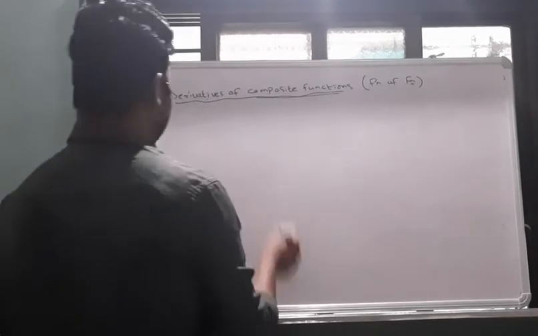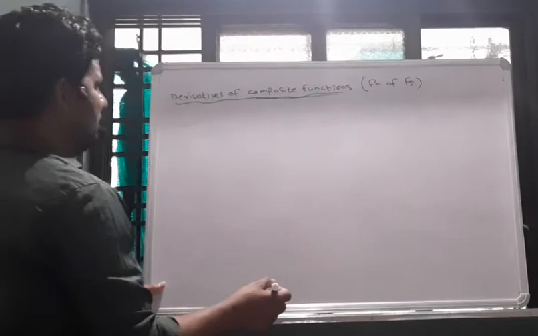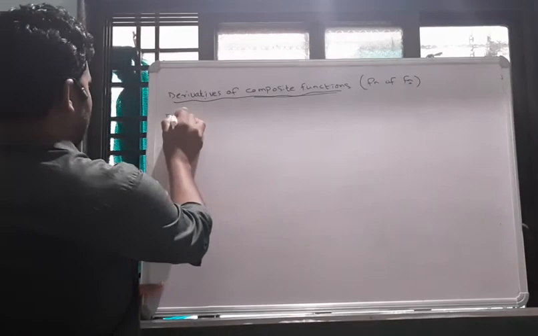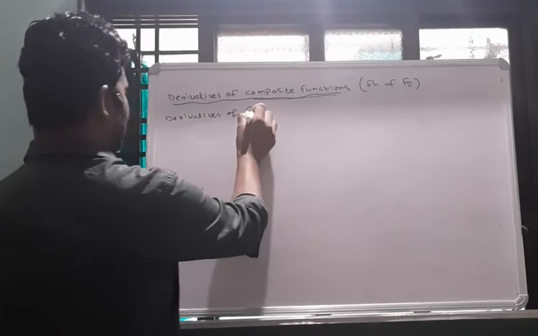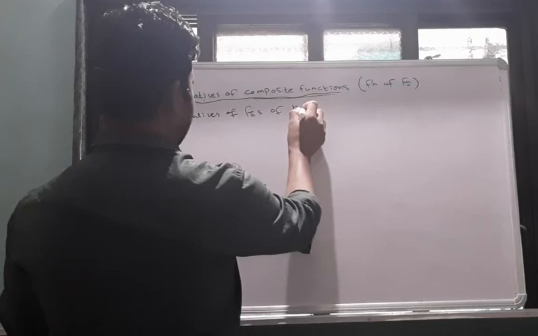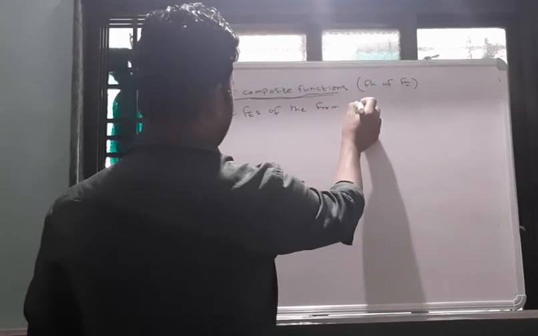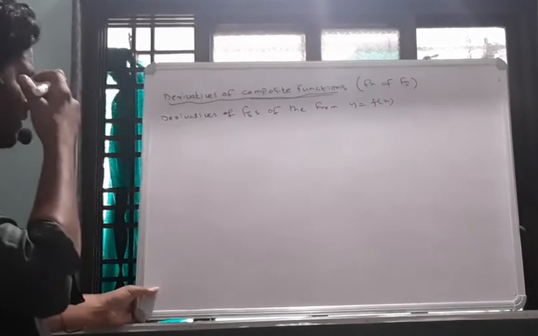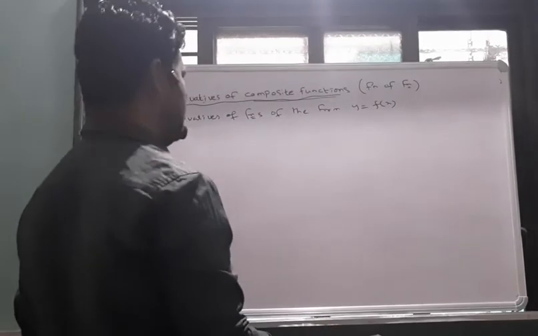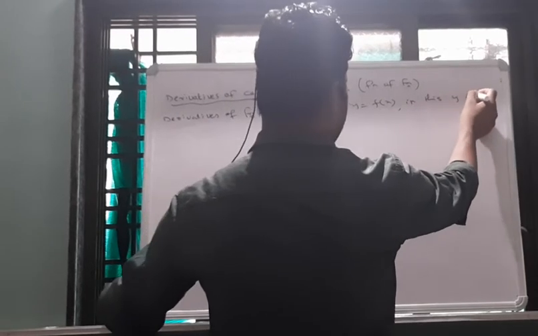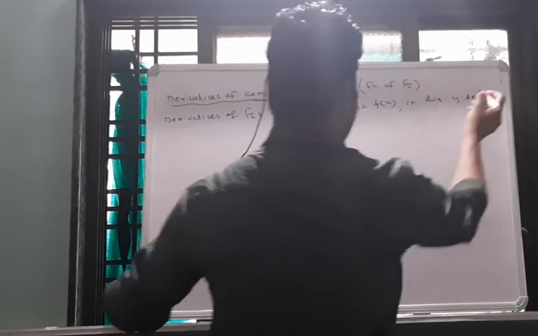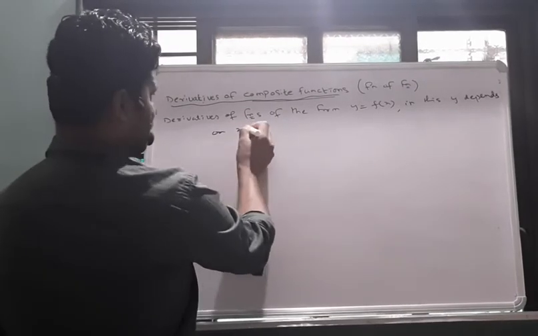In the first year, we have studied the derivatives of simple functions, that is, derivative of functions of the form y equal to f of x, where y depends on x.